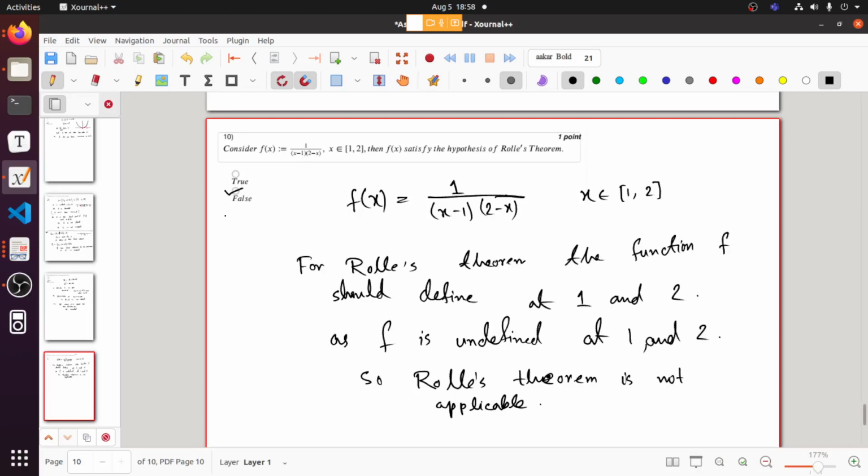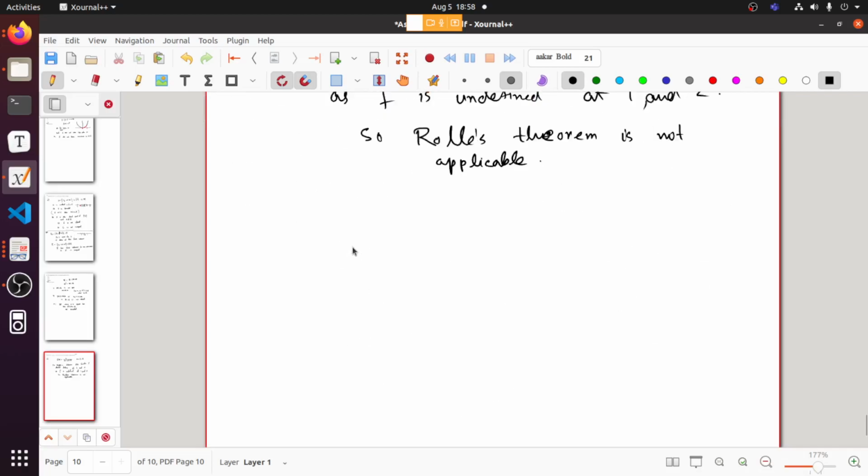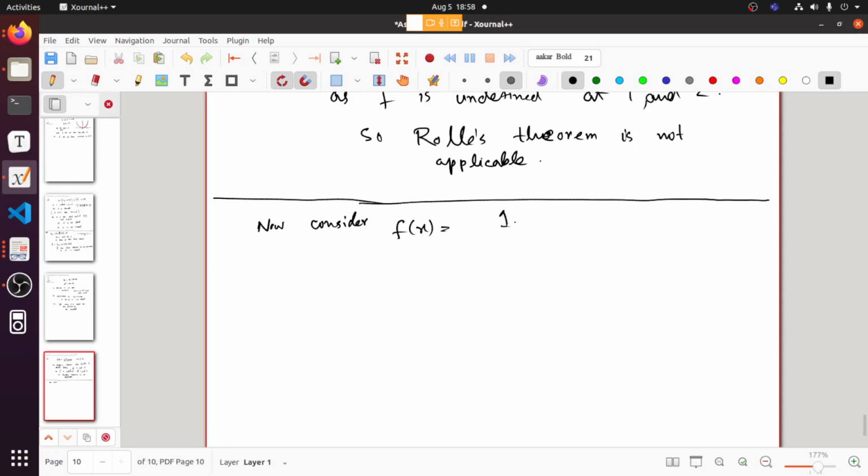But you can modify it a little bit, because this function has a problem only at 1 and 2. Then you can apply Rolle's theorem, right? So just consider this function. So this answer is done. Now consider f(x) = 1 by (x minus 1)(2 minus x).